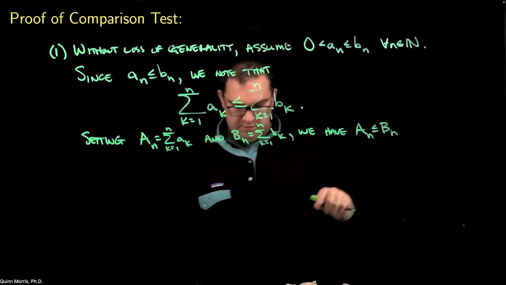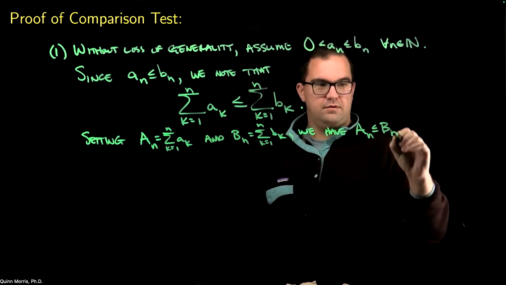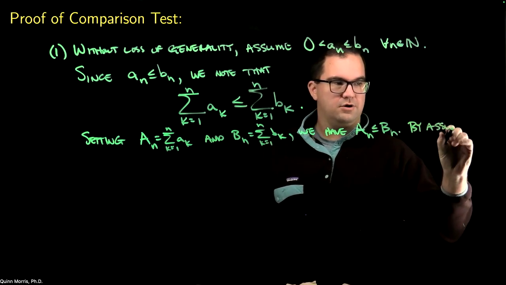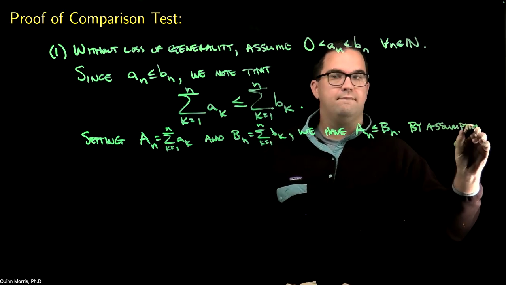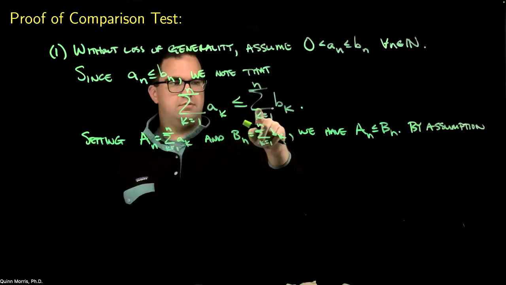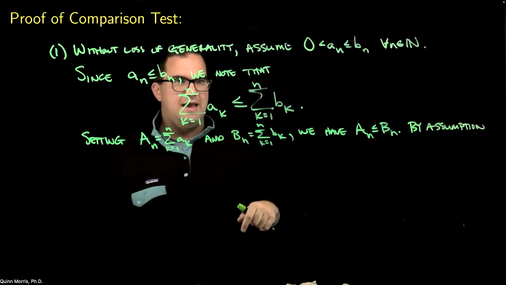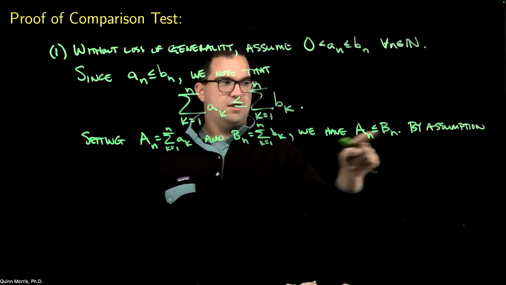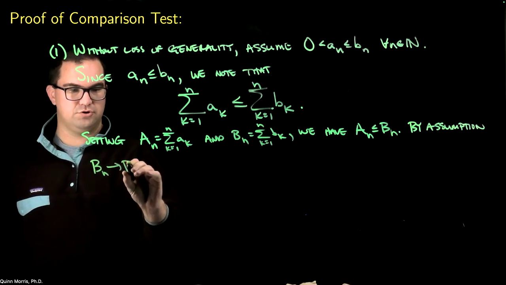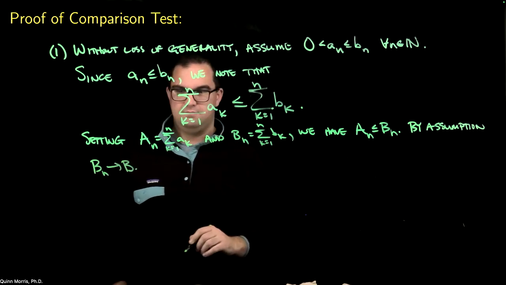And BN, by assumption, our assumption is that the infinite series of the BKs converges. So that tells me that BN is converging to something, let's call it B.